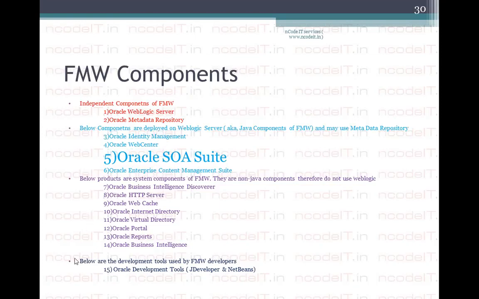You have Business Intelligence Discoverer, the Oracle HTTP Server OHS, Oracle Web Cache, Internet Directory, Virtual Directory, and Portal Support. These are all non-Java products. Then you have the development tools. So I just listed some 15 products here of the Fusion Middleware stack. Now these 15 are not the final list. There are some components here and there that are missing, and if you go into certain documents, even the listing is sometimes different.